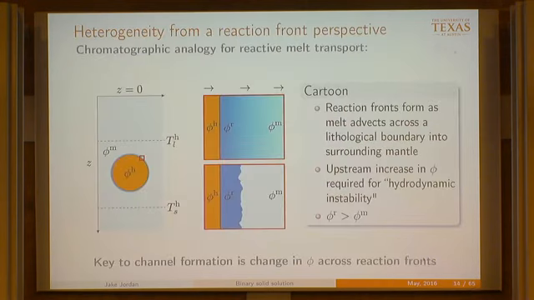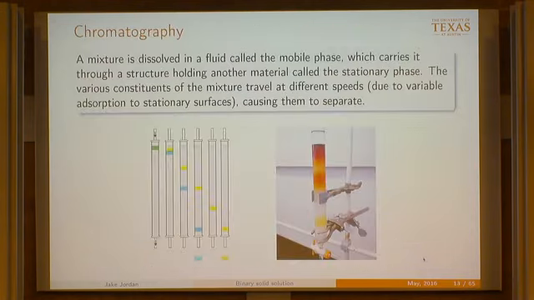I'm going to try to convince you that it's helpful to think about lithological boundaries in some instantaneously melting, porous medium as an effective analogy. So I'm going to think about melt trickling out of some edge of a lithology like a chromatographic column.